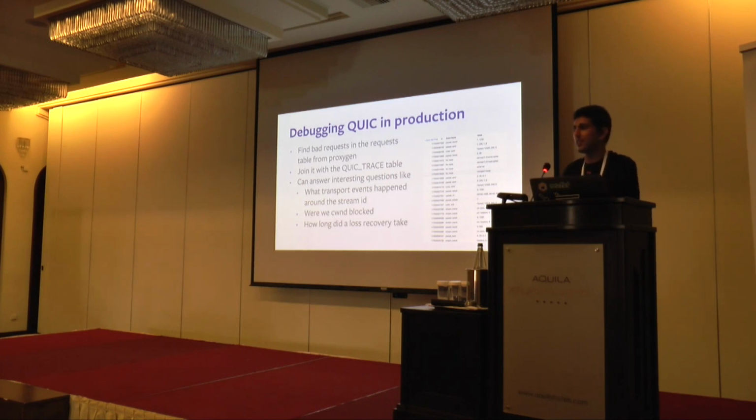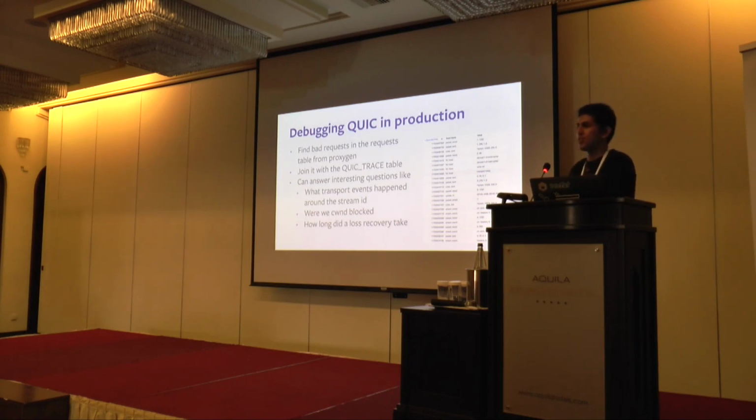When we see a problem in production, the request production has a request level table. We see, oh, bad stuff happened. What happened? Okay, let's join that table with the QuickTrace table by connection ID and look up the exact connection. We sample by connection, so if you have a connection, you will have all the requests in that connection, and all the events that happen in the connection.